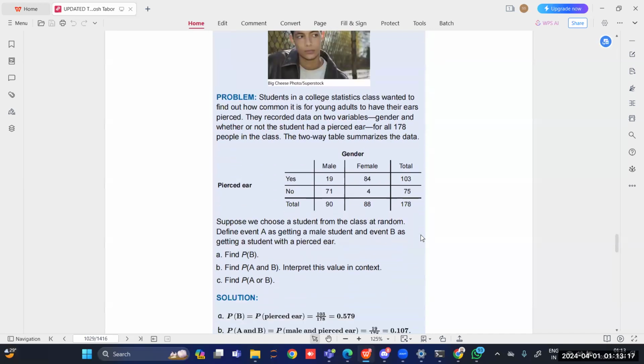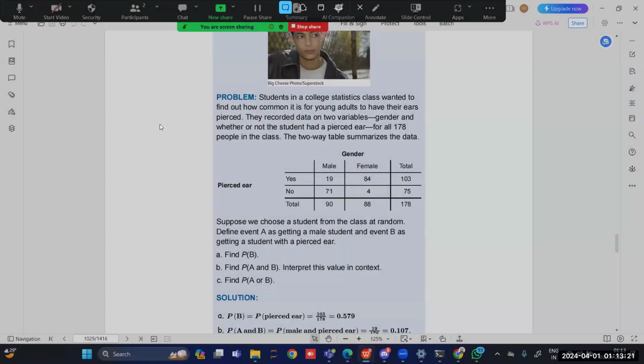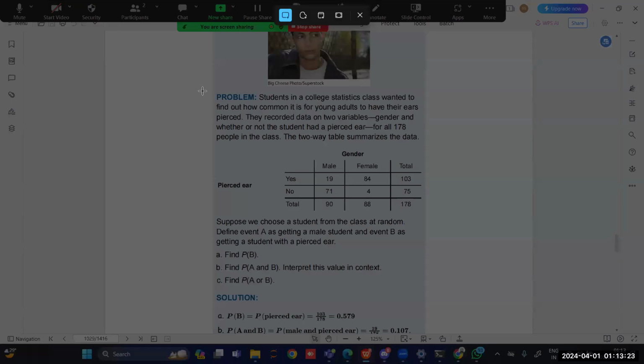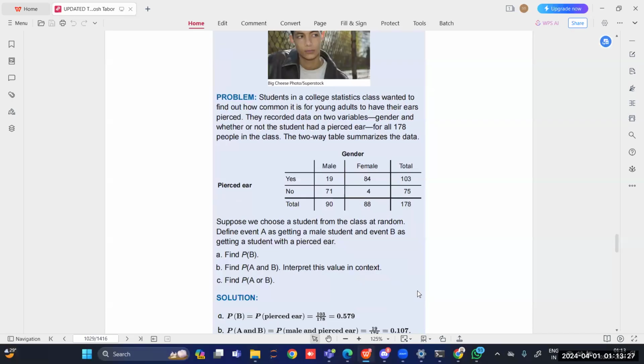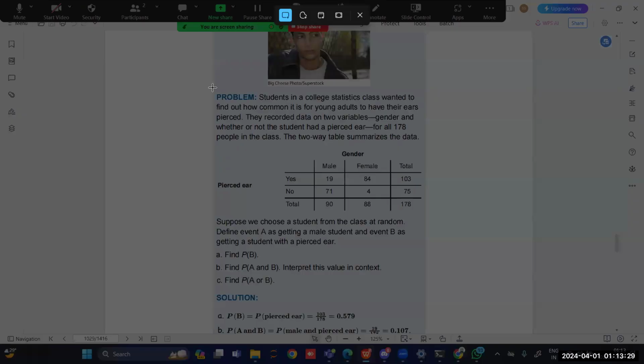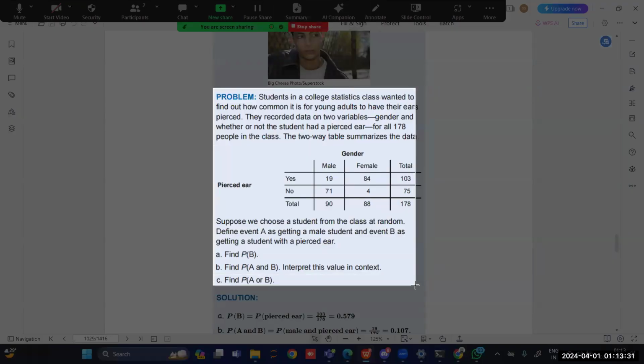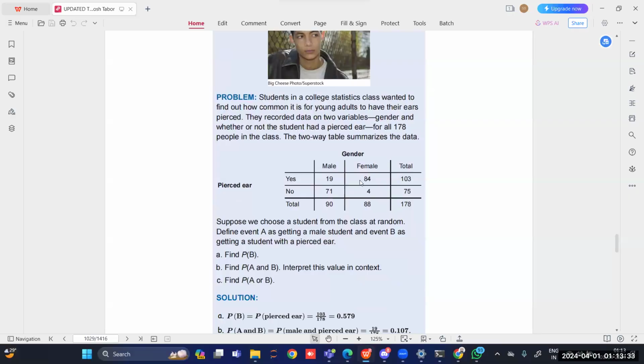So what is the two-way table? Suppose I take this on our board.